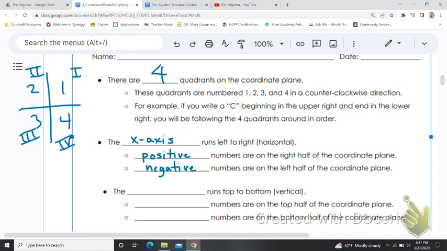And then the y-axis runs from the top to the bottom, or we could say bottom to top, and up is positive, so positive numbers are on the top half, and negative numbers are on the bottom half.